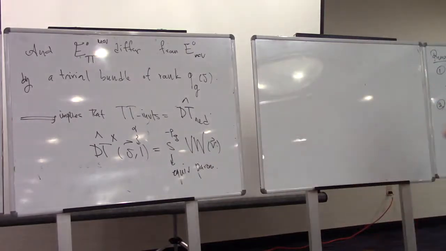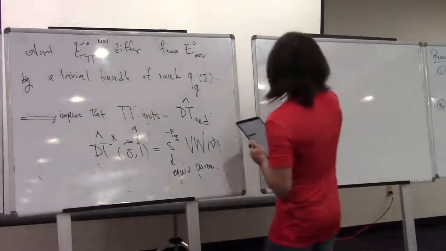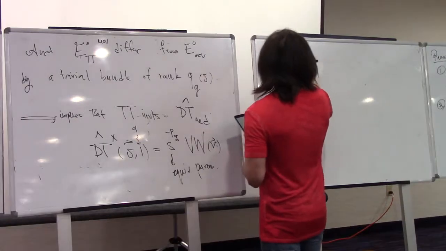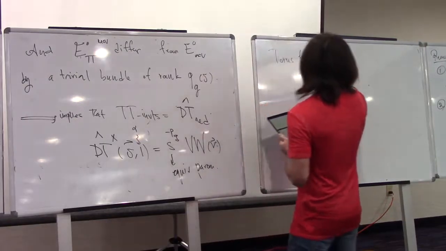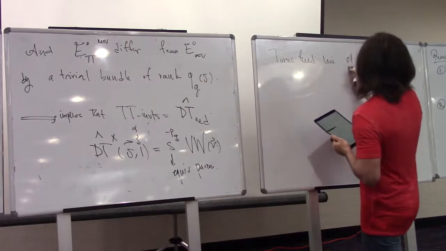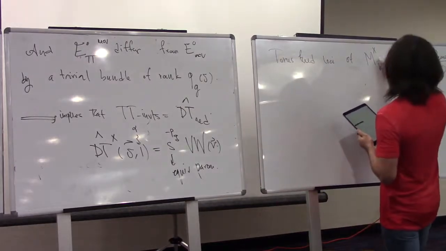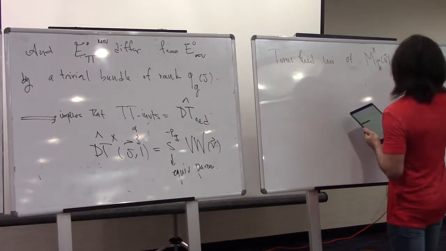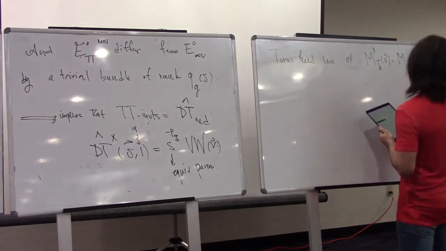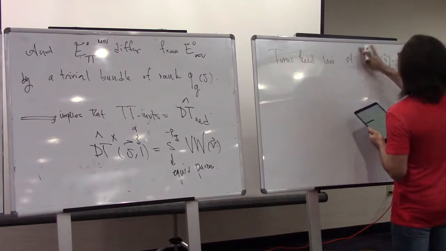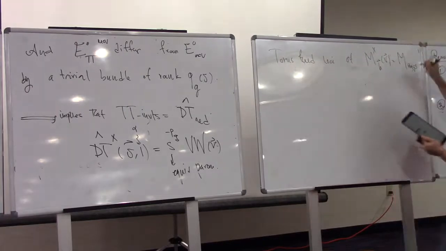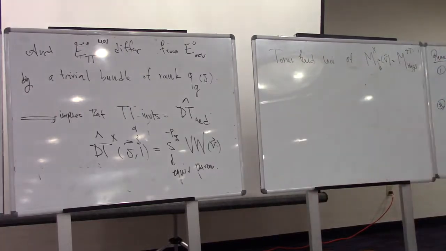So I told you that I will relate sheaves on this threefold to the Higgs pairs, at least one concrete example so that everyone has a picture. So let's talk about torus fixed loci of M X H nu, which is the same as the M Higgs, C star fixed, M Higgs of Tanaka-Thomas.